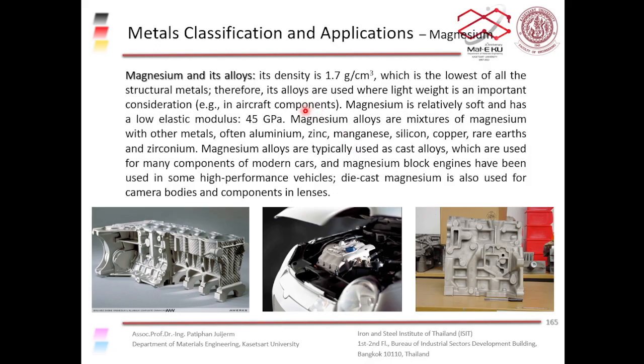The next type of material is magnesium alloys. Magnesium has a really low density of 1.7 grams per cubic centimeter. It's one of the lowest, if not the lowest, density of all engineering metals, so it is one of the lightest metals.